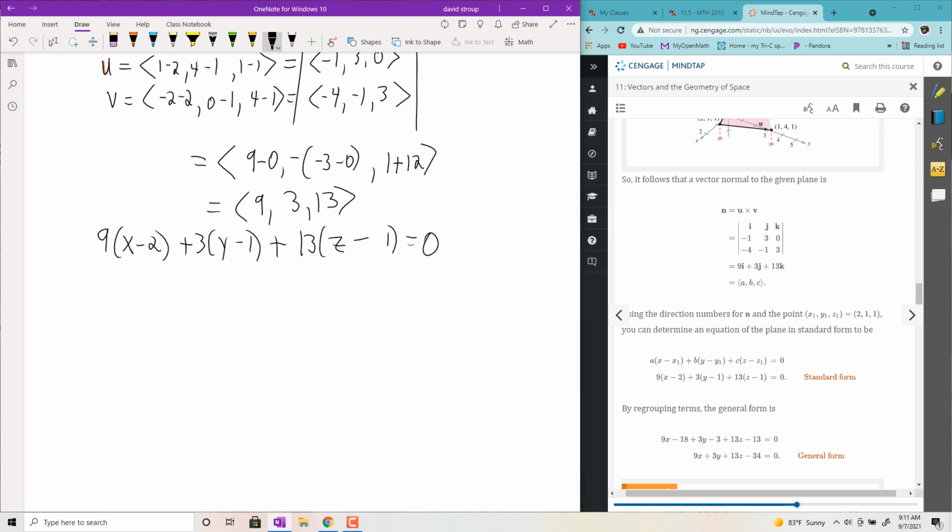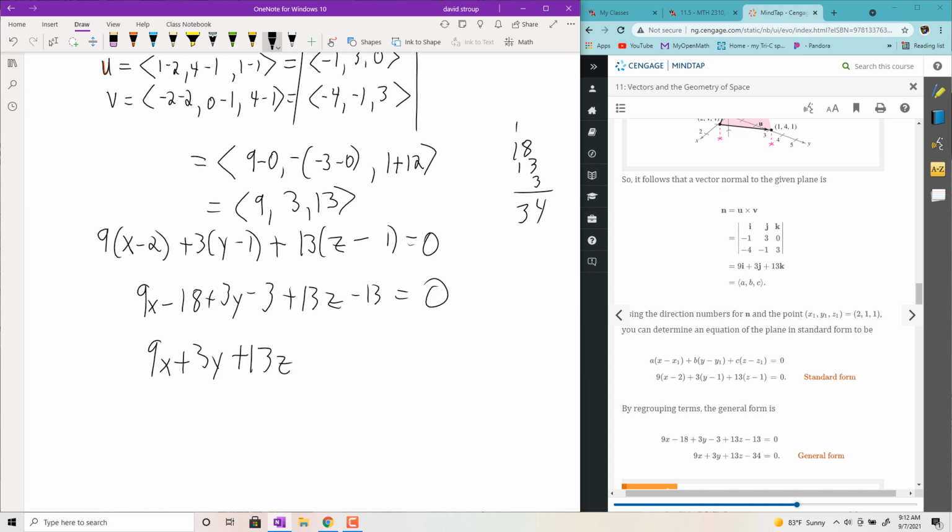But if you are called upon to get the general form, you basically have to distribute: 9x minus 18 plus 3y minus 3 plus 13z minus 13, and then combine like terms. So 18 plus 3 plus 13 is 34. So you get 9x plus 3y plus 13z minus 34 equals 0.